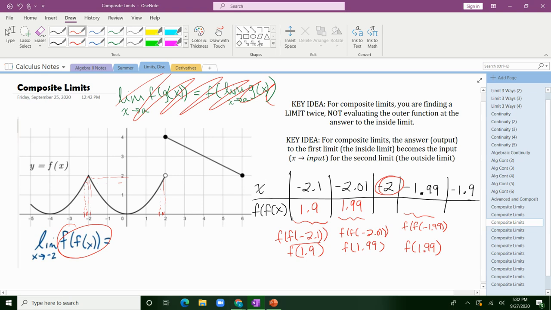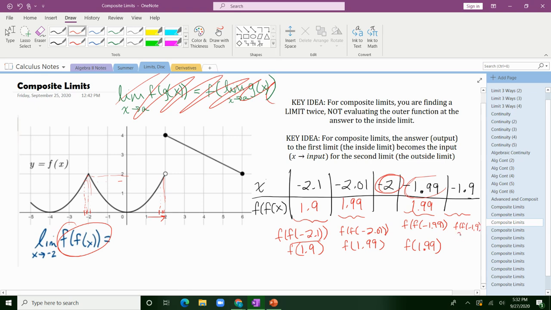So notice, even though I am starting on the other side, I end up approaching 2 from the left again. So f of 1.99, here we are again. We've been here before. f of 1.99 was 1.99. And last one, f of -1.9. Okay, f of -1.9 would be around here. I'm going to estimate that y value to be like 1.9.